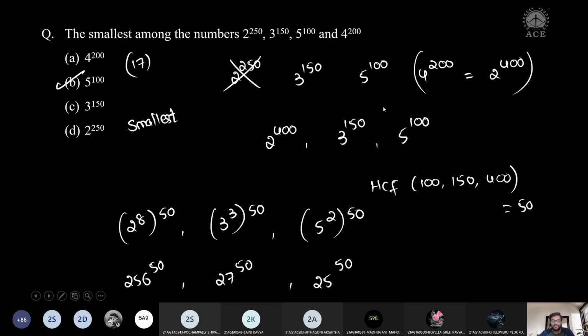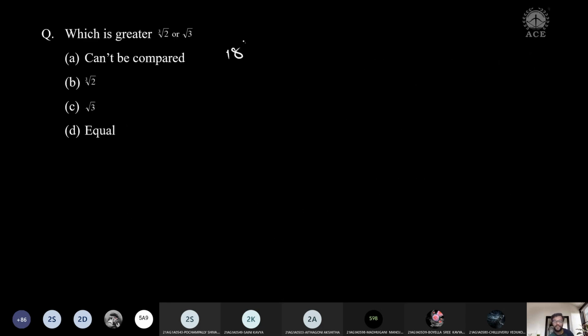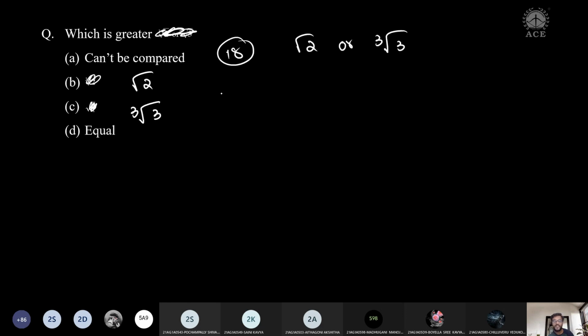Now power. You have to decide. Okay, I'll put this question the other way. Square root of 2 or cube root of 3, which is greatest, you have to decide.